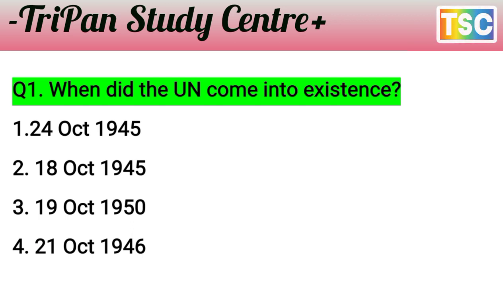You know that the UN came after World War II, meaning 1945, confirmed. So options 3 and 4 are totally eliminated, and only 1 and 2 remain. Here there is a 50% chance.